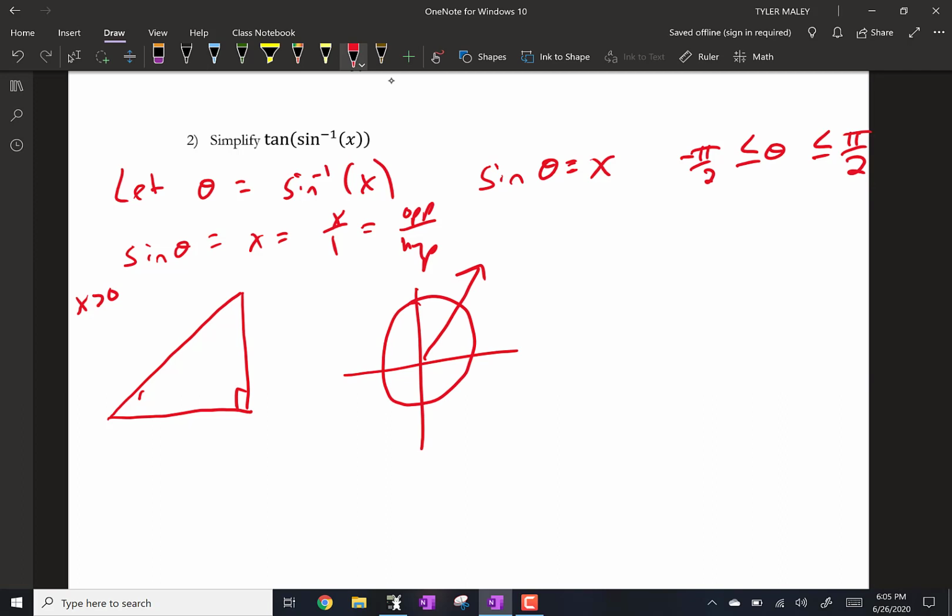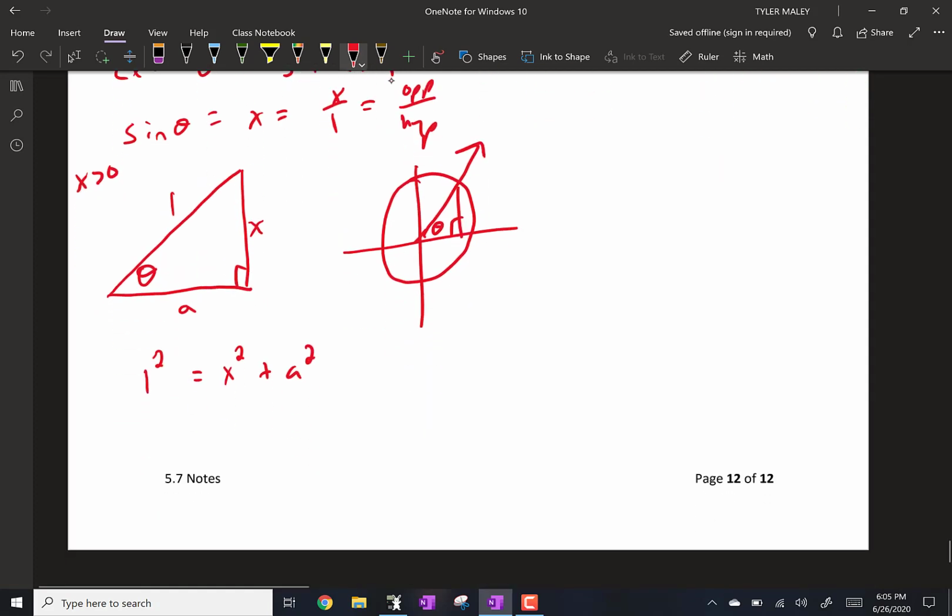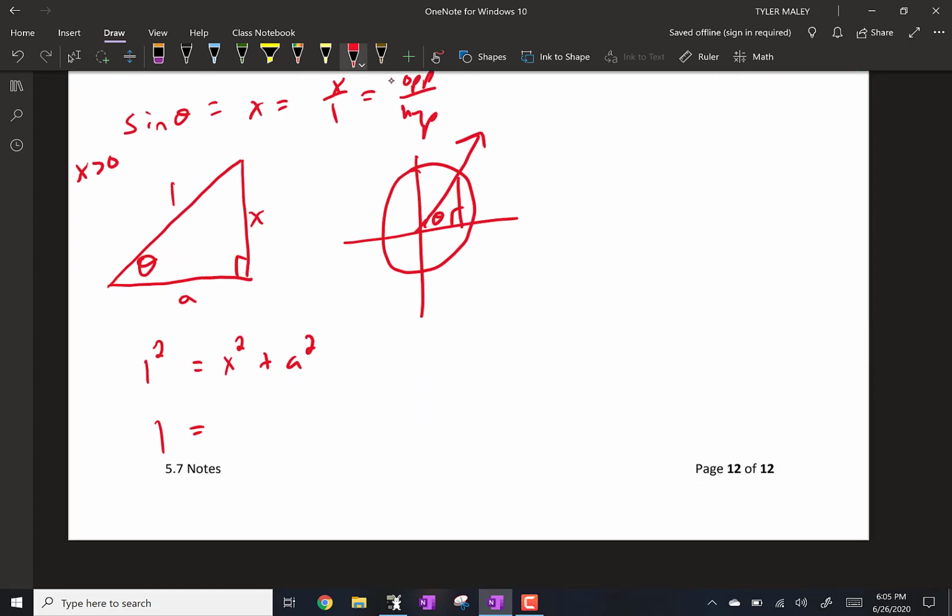So we're going to be in the first quadrant. We're going to have this triangle here, where this is theta. So then the opposite would be x, the hypotenuse is 1, and the adjacent side we'll let be a. So 1 squared equals x squared plus a squared, which would give me 1 equals x squared plus a squared.